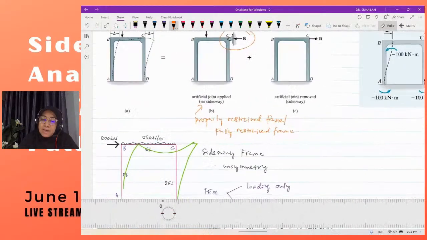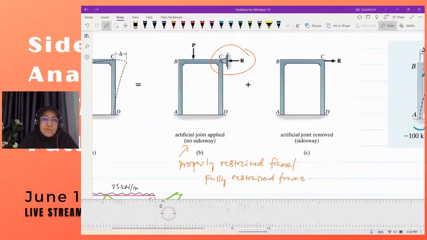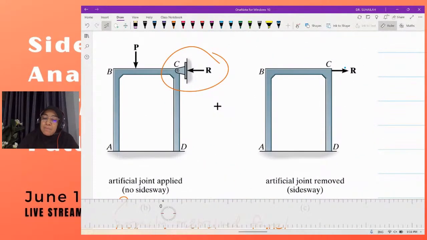And another one is the remaining sway frame, but due to delta only.